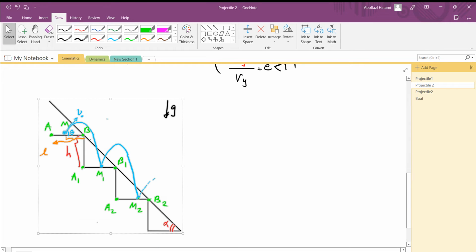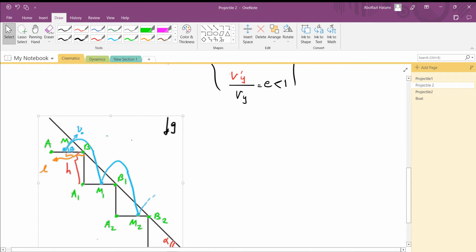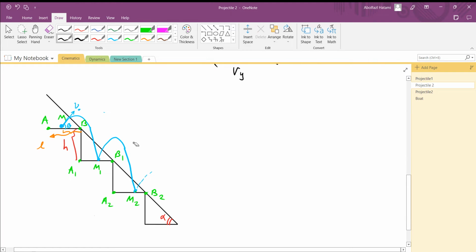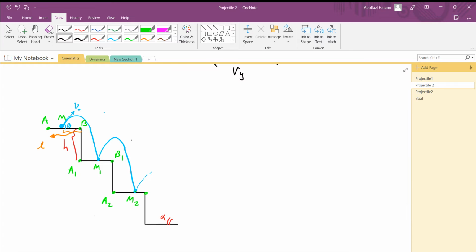This is our picture, the picture of our problem. Let me erase the extra shapes, this line, and for example this alpha.